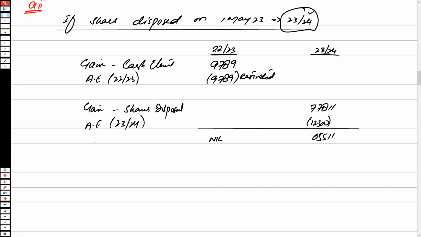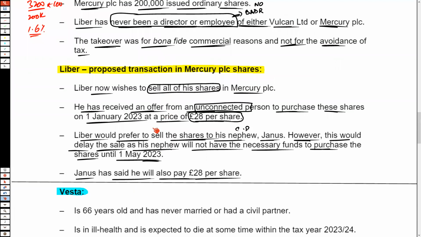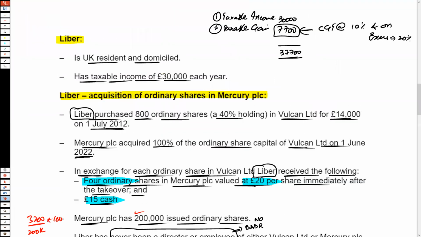And you may also notice one thing, that he has taxable income of 30,000 each year.